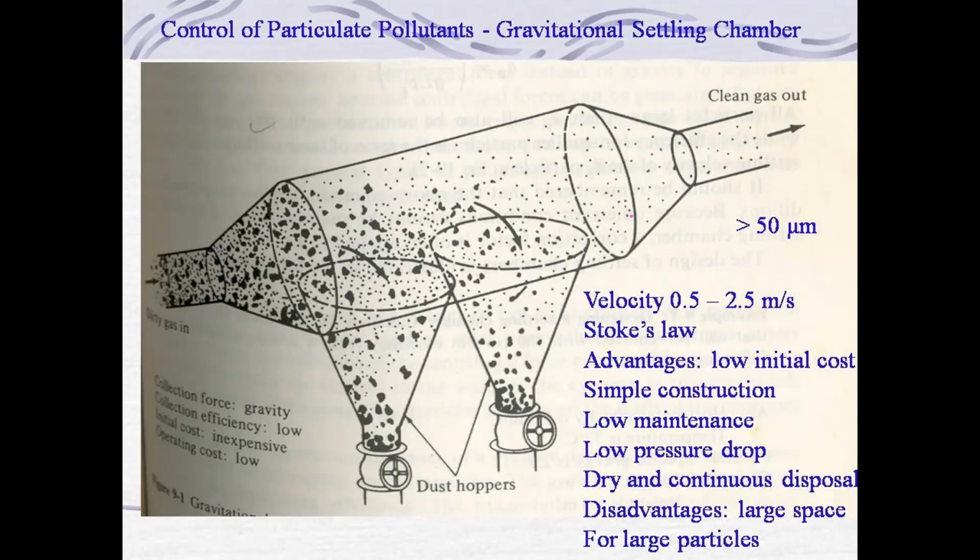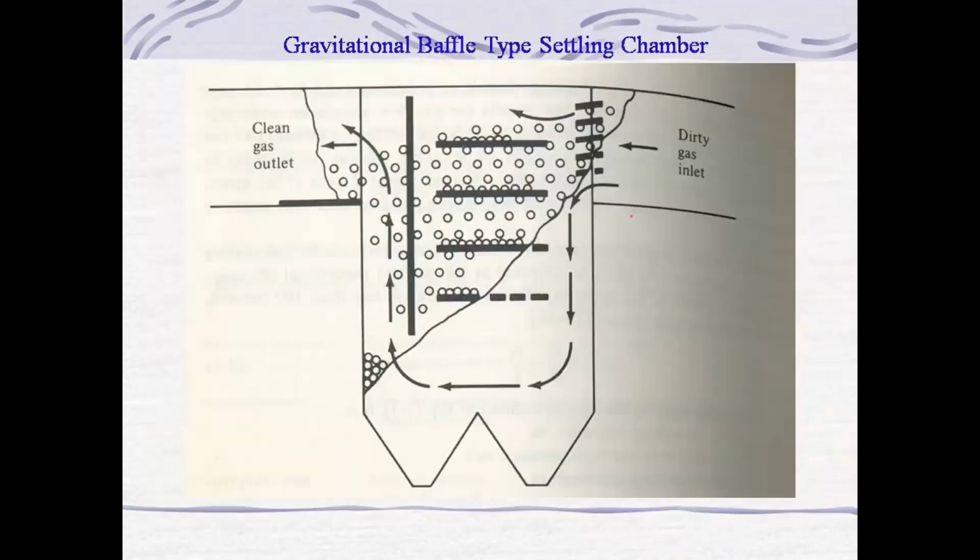So this is the horizontal gravitational settling chamber, and this one is the gravitational baffle type settling chamber. Here you can see dirty gas enters through this port, and as it comes, there are baffles, a cloth-type structure arranged, because of which the direction of the flow changes and the gas moves in these directions.